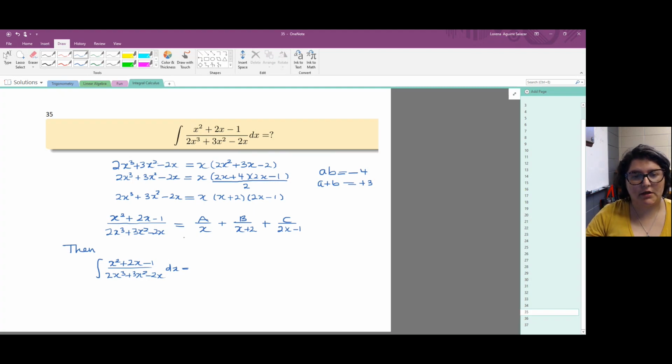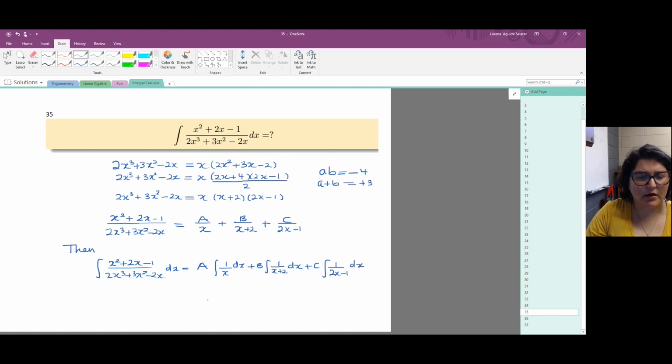The integral of an addition is the addition of integrals, and we can pull constants out. So we get a times the integral of 1 over x dx, plus b times the integral of 1 over x plus 2 dx, and then plus c times the integral of 1 over 2x minus 1 dx.